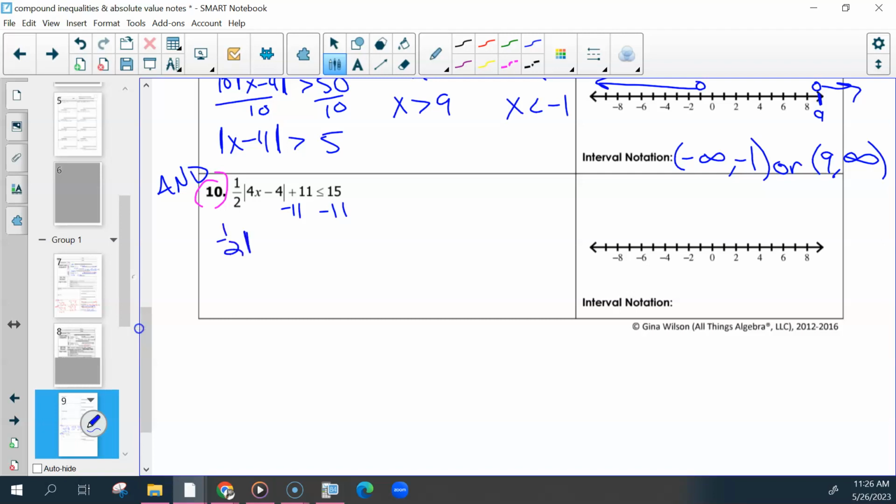So 1/2 times the absolute value of 4x minus 4 is less than or equal to 4. Then get rid of the 1/2 by taking it, flipping it, and multiplying on both sides.